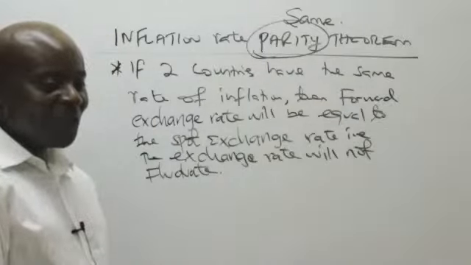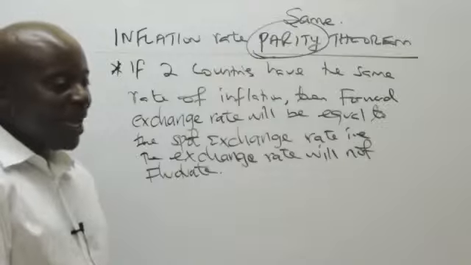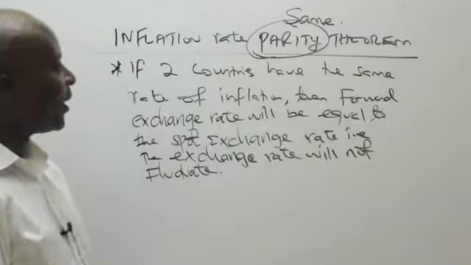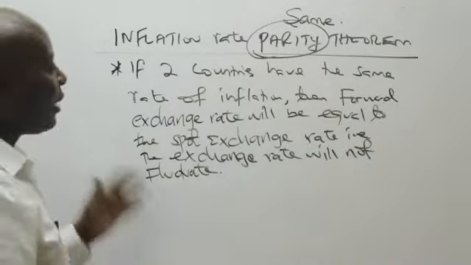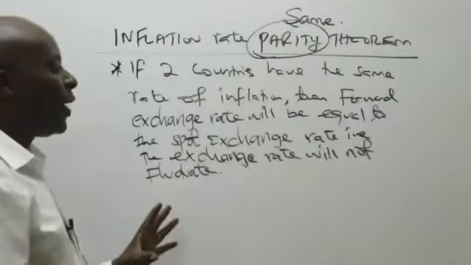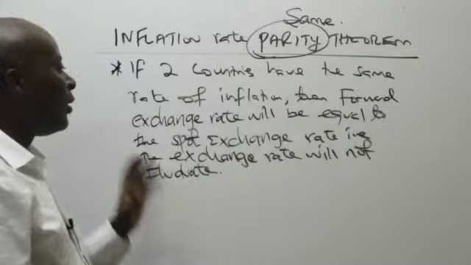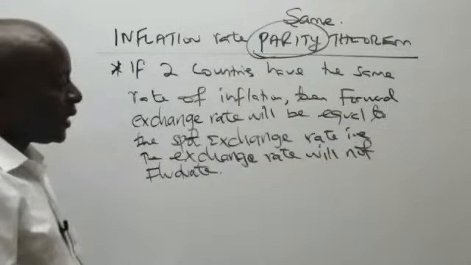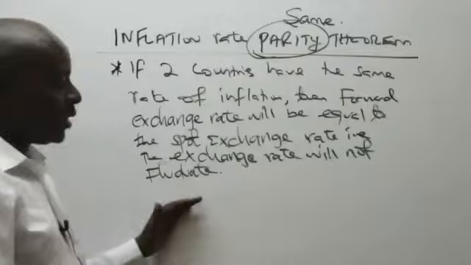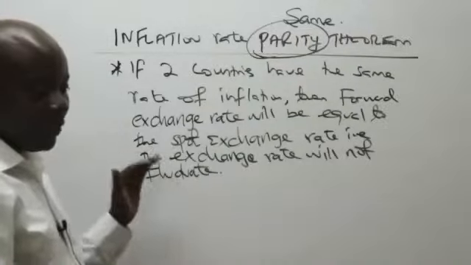Is that how one could answer part A? No, we haven't yet finished. We have just begun. If two countries have the same rate of inflation, then the forward exchange rate will be equal to the spot exchange rate, i.e. the exchange rate will not fluctuate.